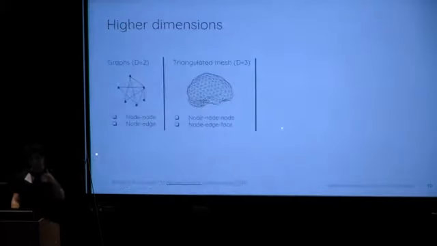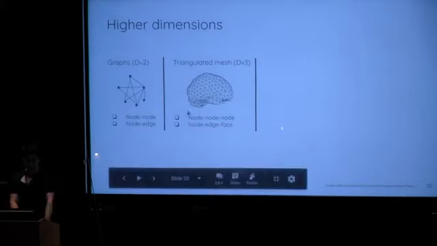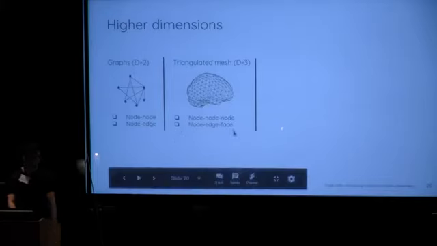And this goes to higher dimensions. A graph is a two-dimensional simplicial complex, we call it. Then we have the triangulated mesh. In this case, instead of looking at node-node interaction, we look at node-node-node interaction. An alternative is to look at node-edge-face interaction.